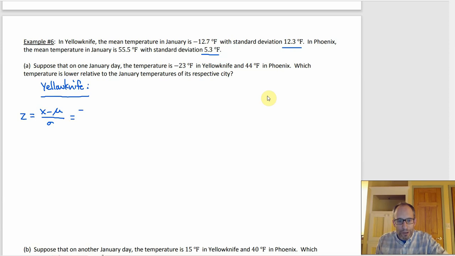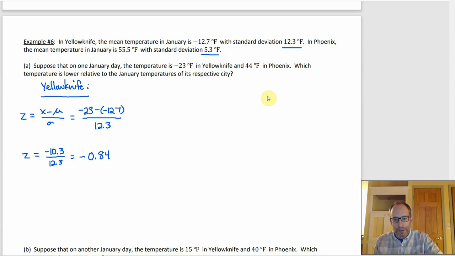It was negative 23 for our observed temperature minus negative 12.7 for the mean, and then divided by 12.3. All right, so then 23 plus 12.7, right? Because minus and minus is a plus. So you end up with negative 10.3 over 12.3, which is about negative 0.84.